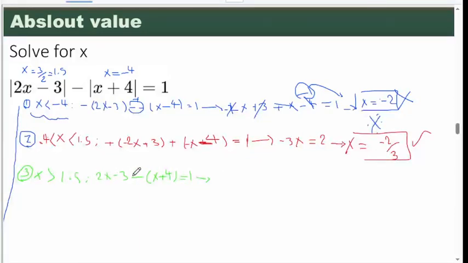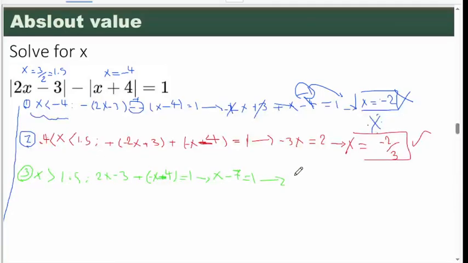It would be 2x. Let me apply this negative inside this parentheses. It would be positive. 2x minus x gives me x. Negative 3, negative 4 gives me negative 7 equals 1.